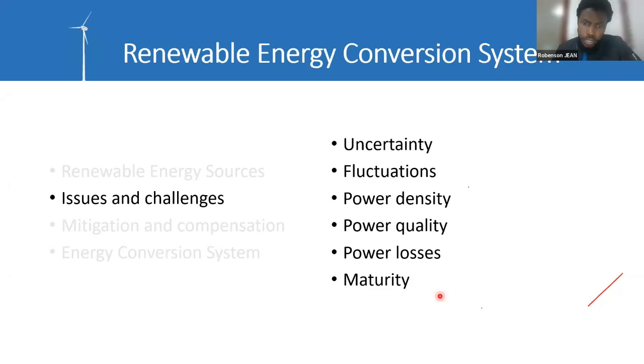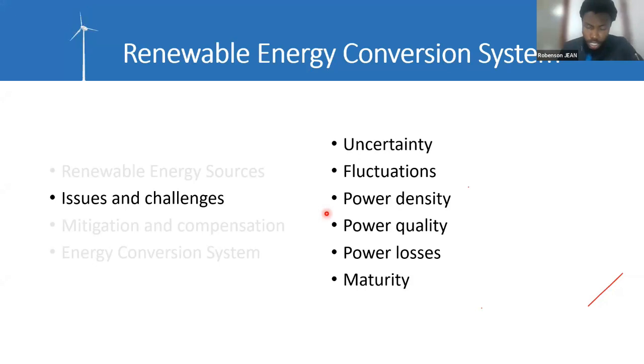Also, there is the fact of maturity in order to energy alternative. Therefore, we have to bring something else that is going to represent a complement to the renewable energy sources.